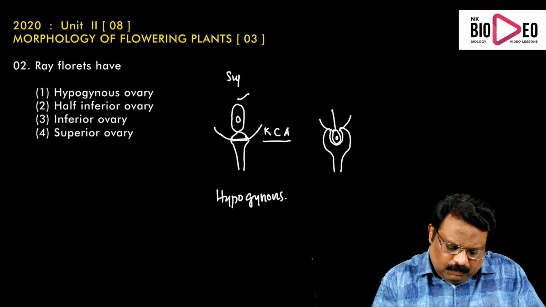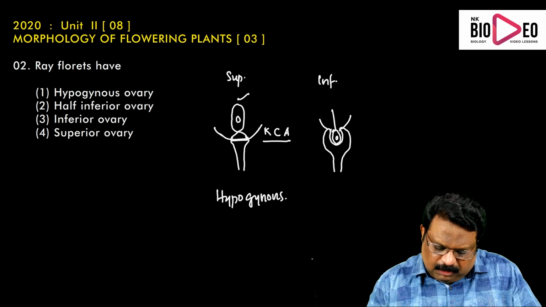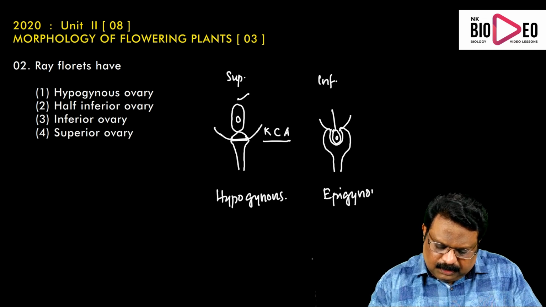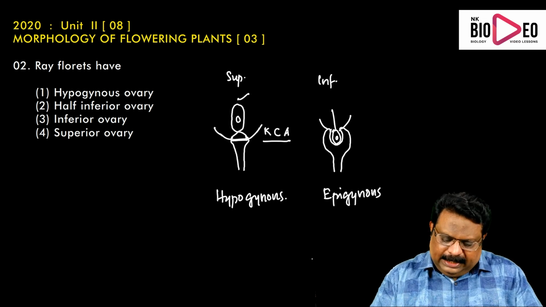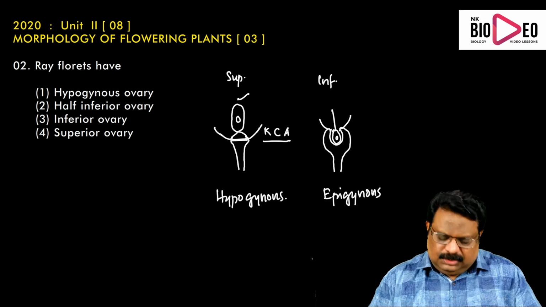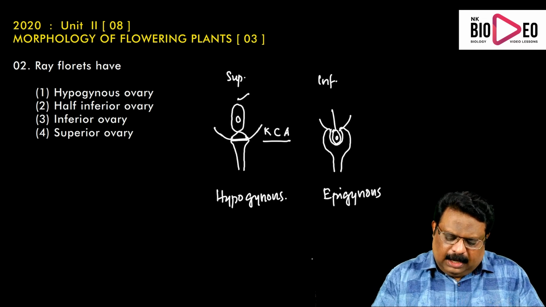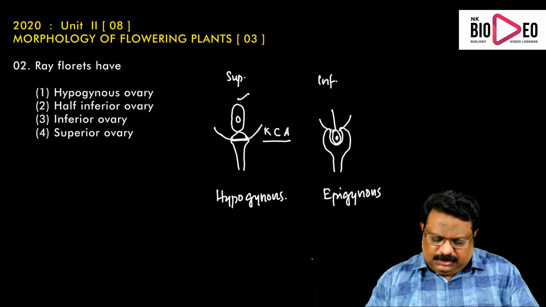This is superior ovary and this is inferior ovary. That kind of flower is called epigynous. Epi means upper. Calyx, corolla and androecium are upper to gynoecium. So that is called epigynous. In the first case, calyx, corolla, androecium are lower, hypo to gynoecium. So they are called hypogynous.